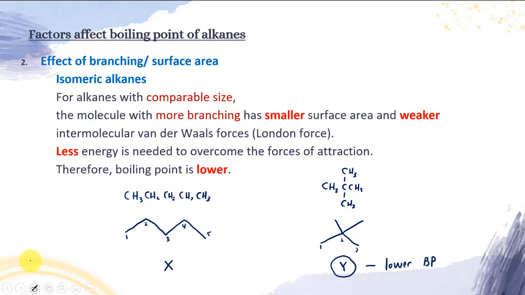For alkane X, it has no branching and a bigger surface area, therefore it experiences stronger intermolecular forces. More energy is needed, so the boiling point is higher for X.